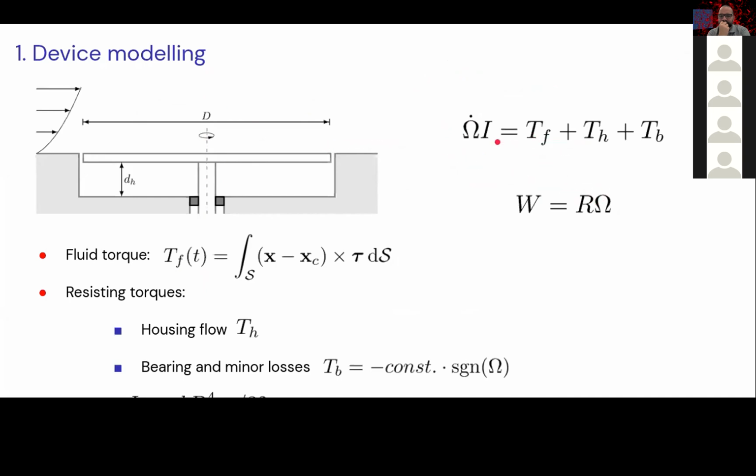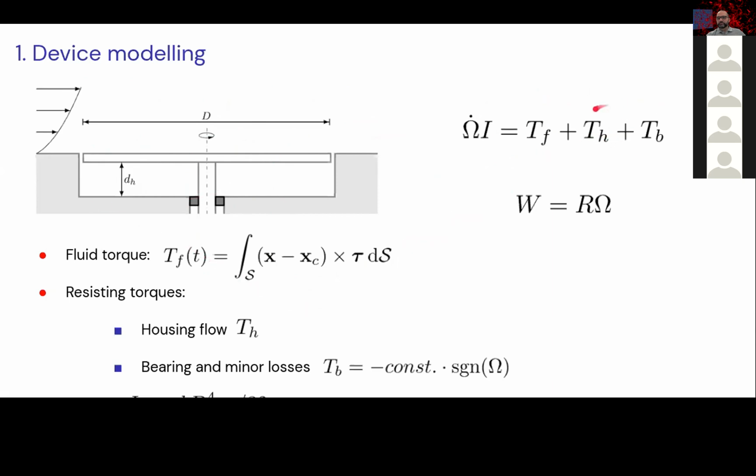And so we considered three torques acting on this disk. The first is TF, which is the torque generated by the turbulent shear stress on the flow-facing surface of the disk, expressed by this integral where xc is the center of the disk, and tau is the instantaneous shear stress distribution.